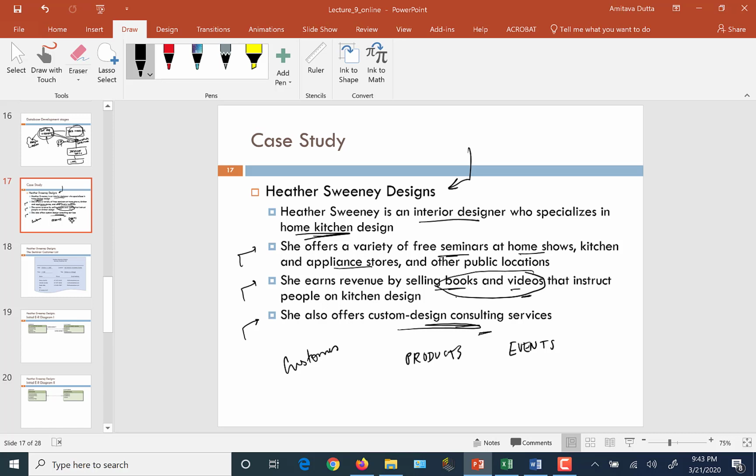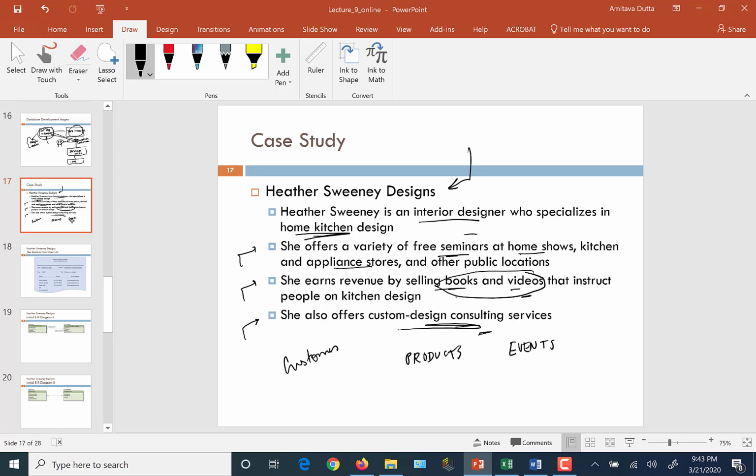So an event could be a home show, an event could be a seminar, and an event could be something held at a public location or at an appliance store. Okay, so these are at least three entities about which we might want to store information in the database.